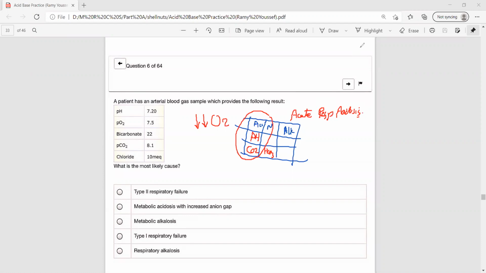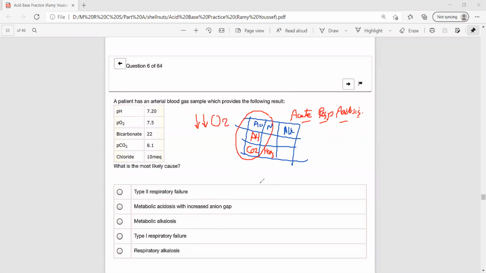There isn't one. But there is type 1 respiratory failure or type 2 respiratory failure, which we could go for. So you said acute respiratory acidosis. I'm searching here. Oh my God, I can't find any acute respiratory acidosis.